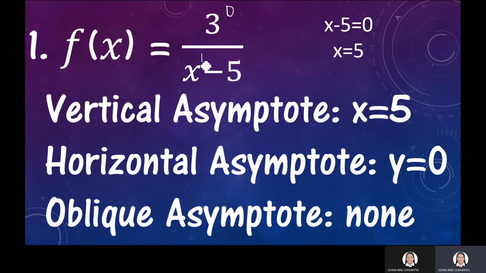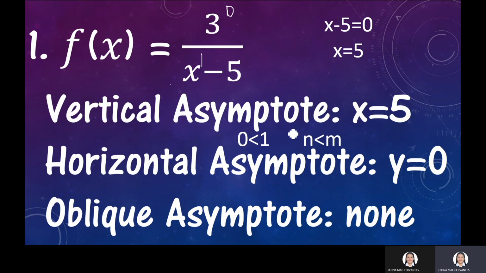The highest exponent of the denominator is 1. Okay? So 0 is less than 1. Therefore, n is less than m. Again, if n is less than m, then y is equal to 0.